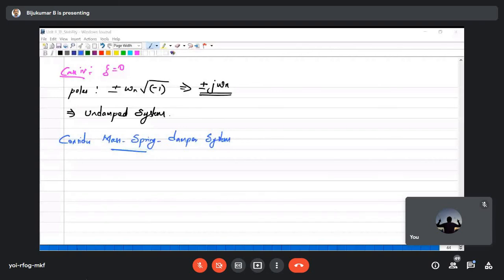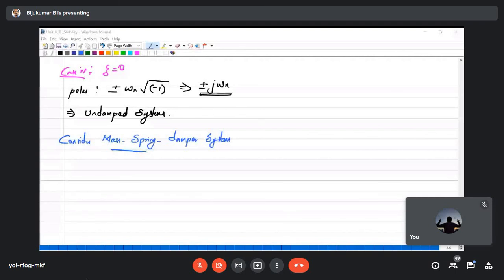If you compare this term, it's a second order system, right? If you compare the same system with the standard form, s square plus 2 zeta omega n s plus omega n square, you can derive both zeta and omega n, right?